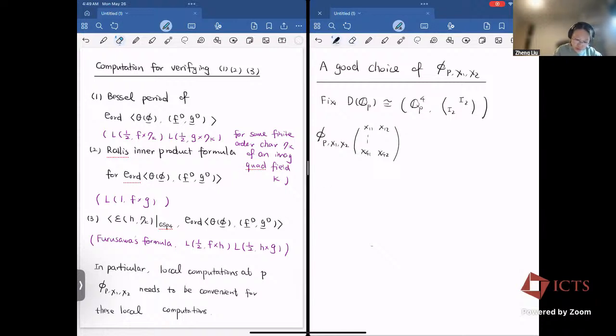So I will pick this one: chi1, chi2, with entries x1, and so on, times the determinant of the upper 2x2 block, and then times the characteristic function of the set of integral elements here.